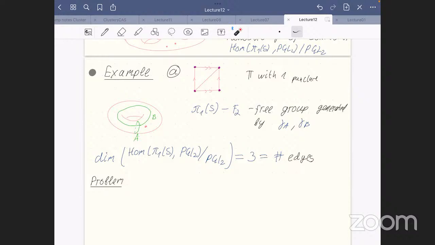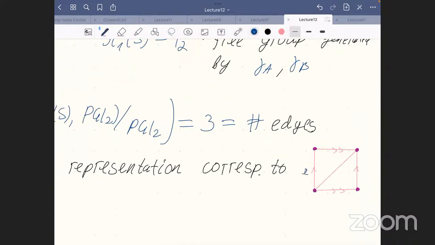I put it as a problem: write the representation corresponding to, for example, this triangulation with weights x, y, z.